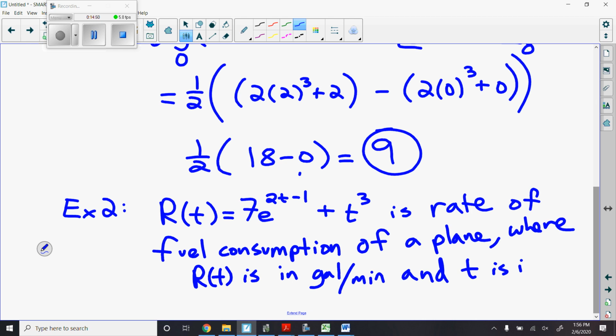Okay, so R of T is the rate of fuel consumption of a plane, where R of T is in gallons per minute and T is in minutes. Okay? So if I asked you, what was the average rate of fuel consumption over the first 5 minutes?